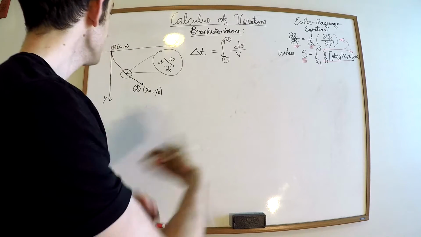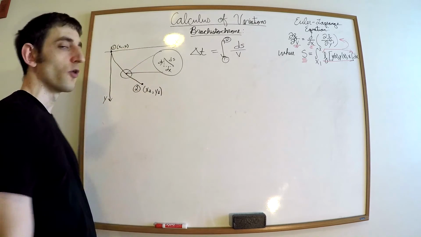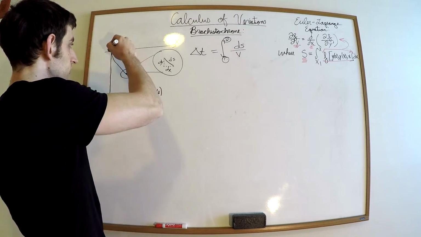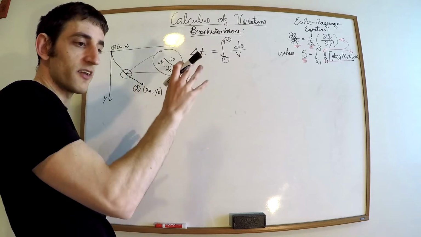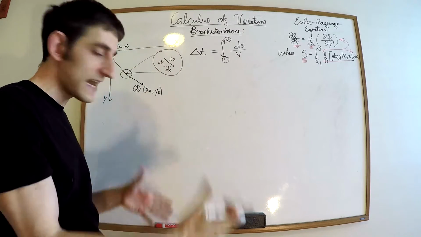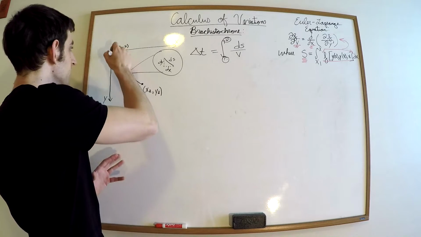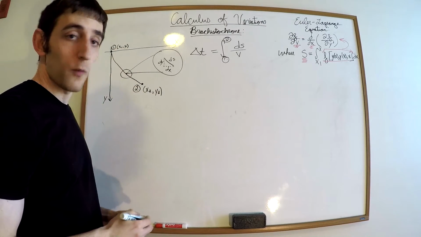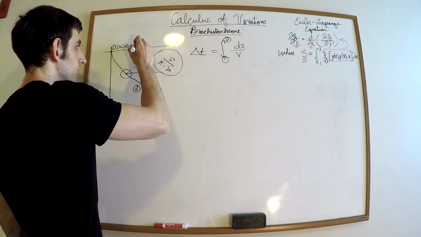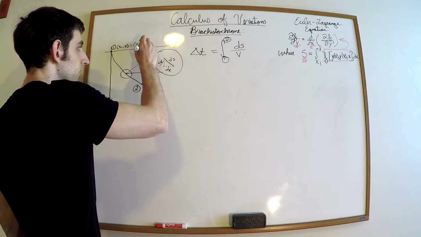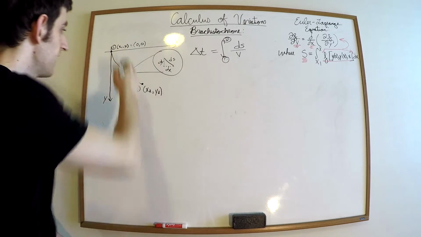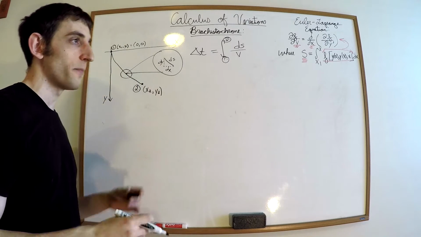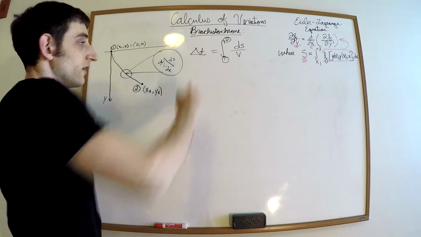Well, if we look at the problem here, we're starting at the origin, and the particle is going to be released, whatever object it is. Maybe we're going to say it's a particle here. It could be any object. The object or the particle is going to be released at the origin at x1 equals 0, y1 equals 0. So I'm going to further define this. It's going to be 0, 0. And then it's going to travel down to x2, y2 on a path such that we minimize this guy right here.